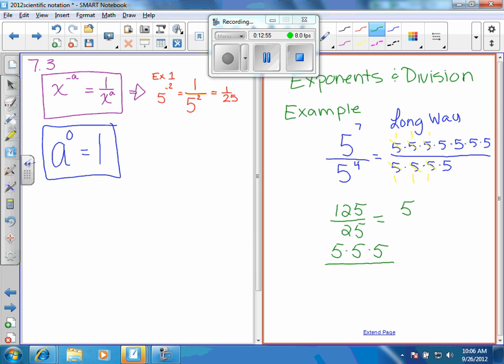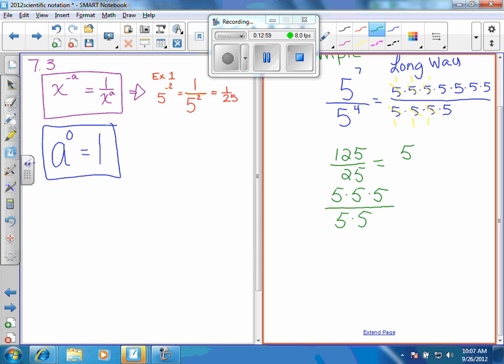Okay, and 25 is 5 times 5. So you can actually think of that as 5 divided by 5 is 1. 5 divided by another 5 is 1. And we're still left with one 5. So this is 1 times that 1 5 that's left over. Do you see that?